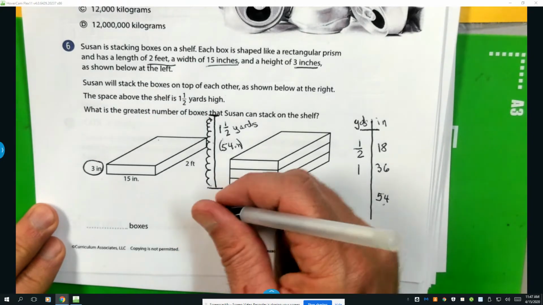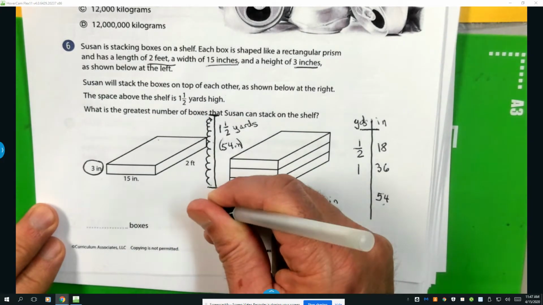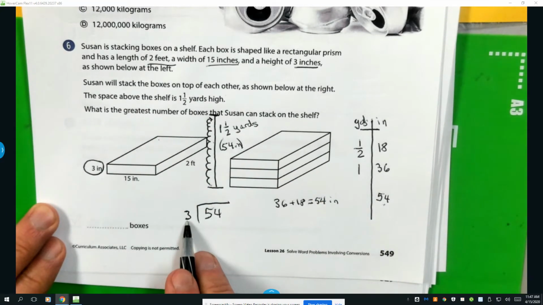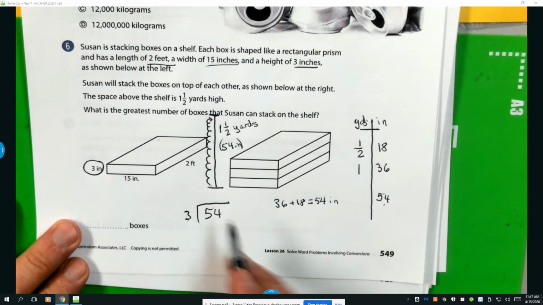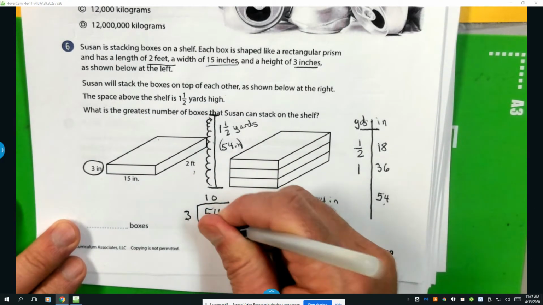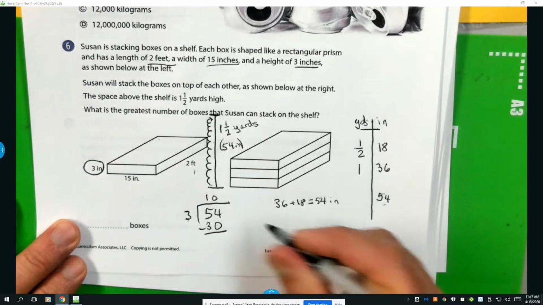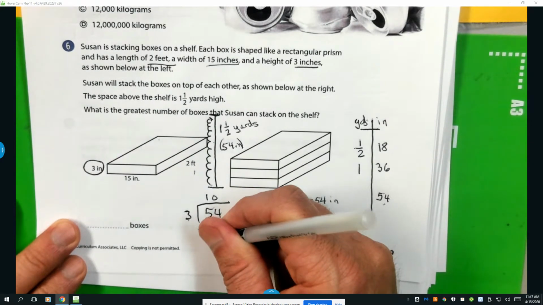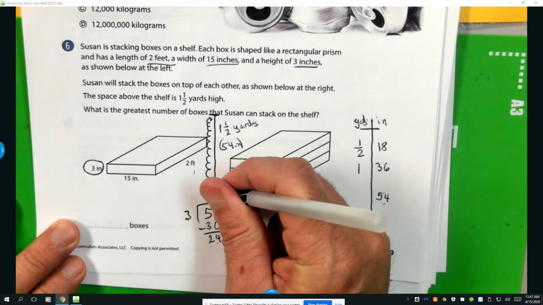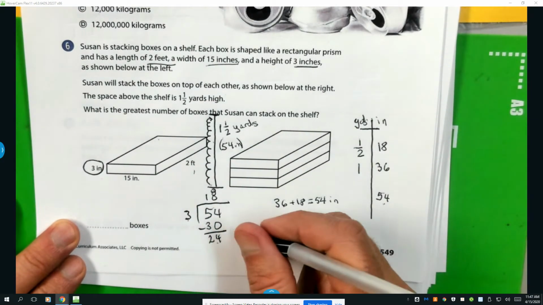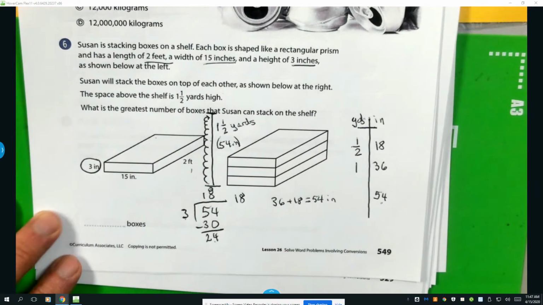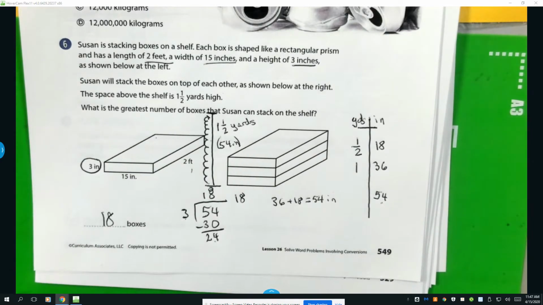So I'm going to take 54 and divide it by 3-inch tall boxes. And I know, using partial product, that there are 10 threes in there at least. 10 times 3 is 30. Subtract. 54 minus 30 is 24. And now how many threes are in 24? There are 8. Therefore, 10 plus 8 is 18 boxes. All right.